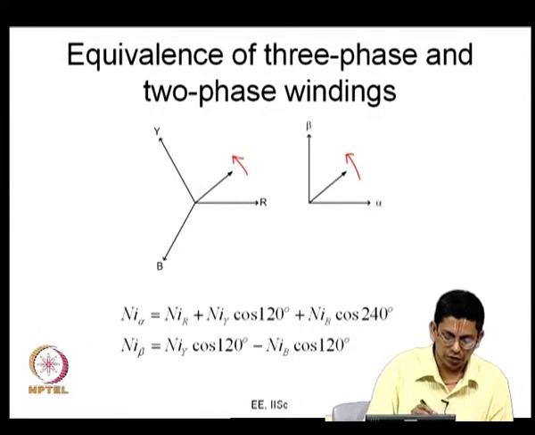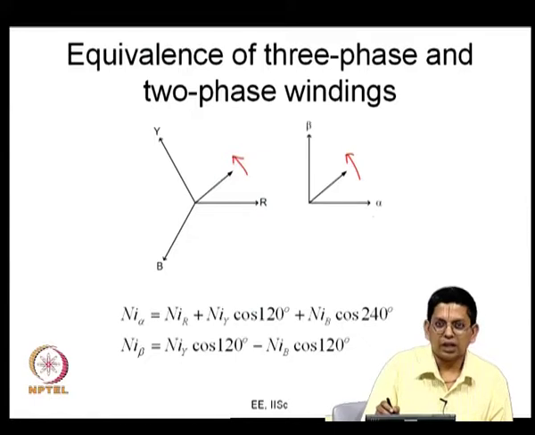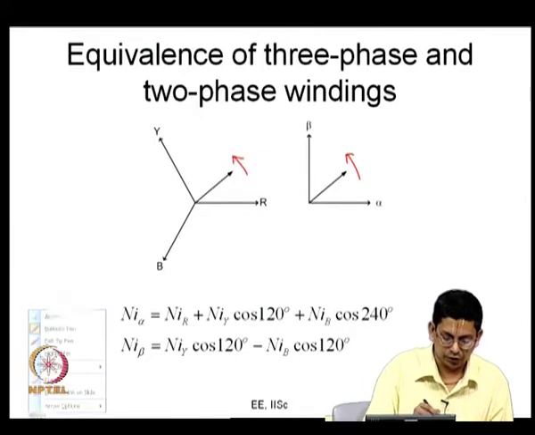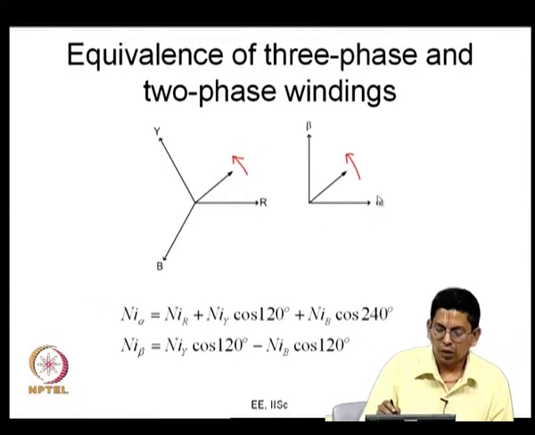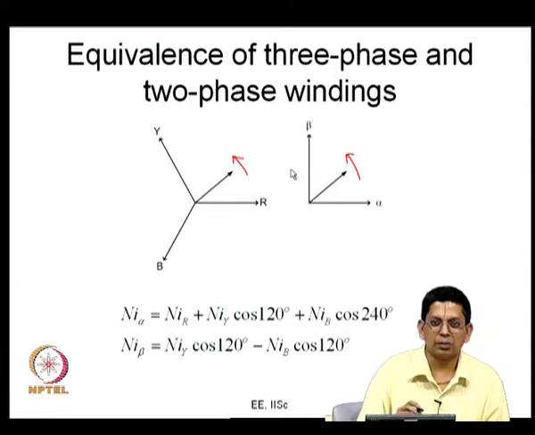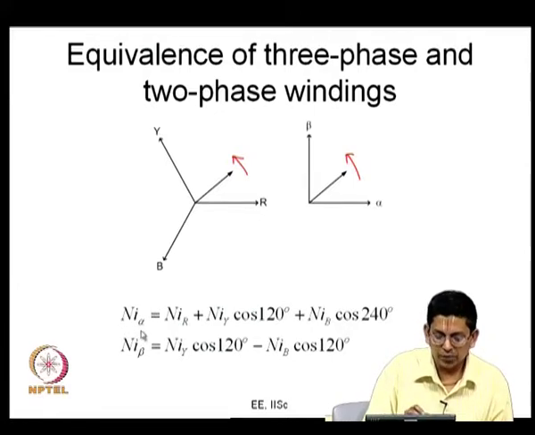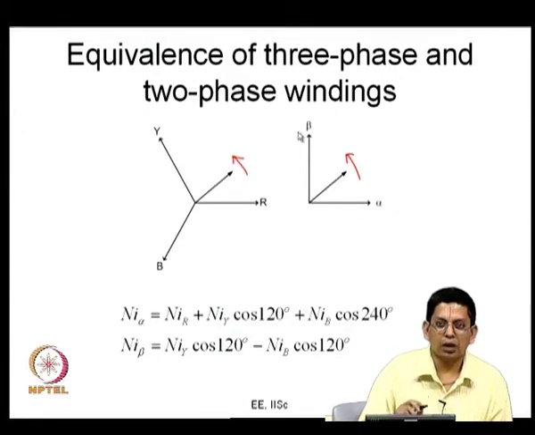One MMF is produced by this current I alpha. There is the alpha winding, and through this some current I alpha is flowing, and through the beta winding some I beta is flowing. So, n times I alpha should produce a component along the alpha direction, and n times I beta is the component along the beta direction.